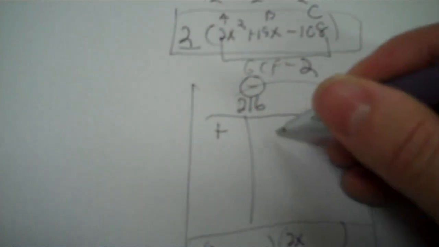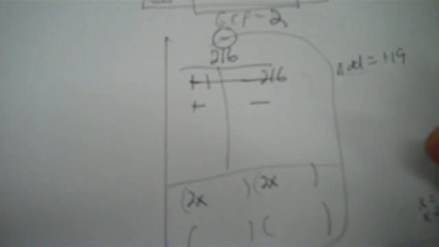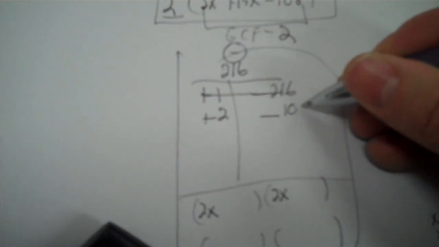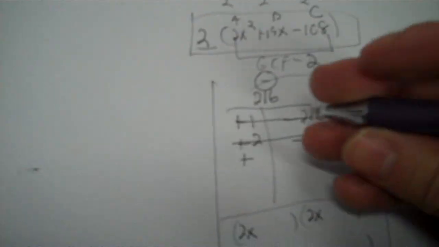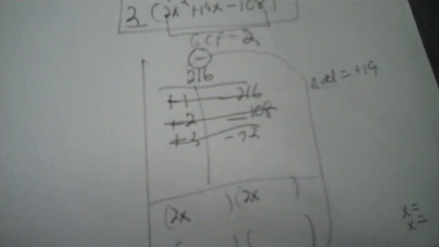So it's a positive times a negative. 1 and 216, that ain't even close. 216 divided by 2 is 108. That's not even close. 3 and 72. Nope. Remember I said don't be a wuss.